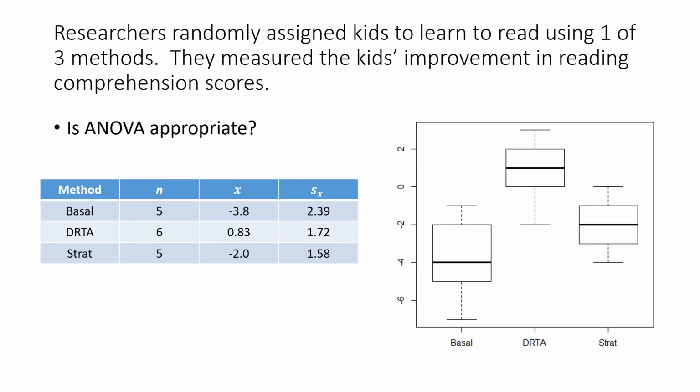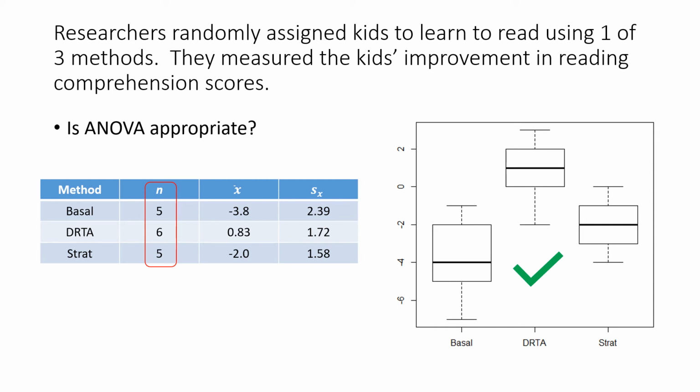Here are some box plots and summary statistics of the data. Take a moment to think about whether an Anova is appropriate. Here, the sample sizes in all of the groups are small, 5, 6, and 5, so much less than 20. But the box plots show that the samples do seem to be symmetric, so the first criterion in the validity conditions is satisfied.